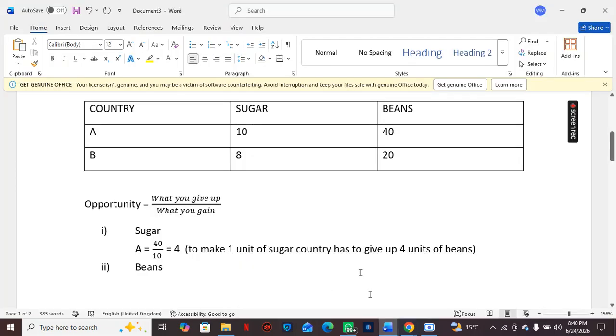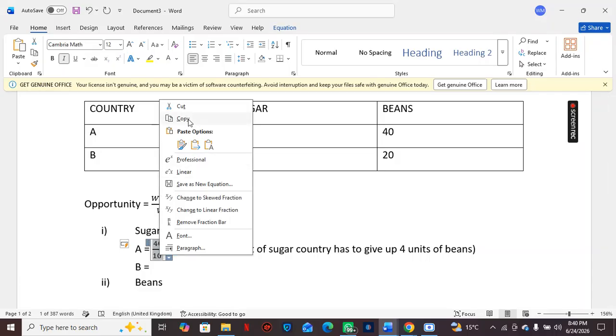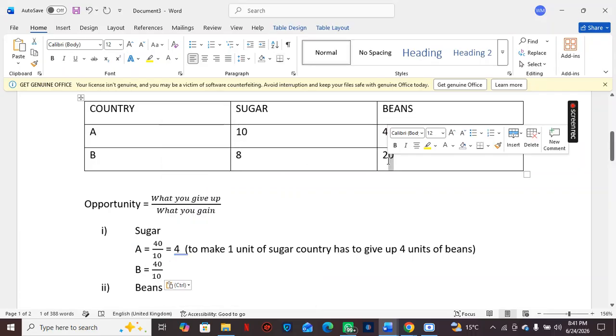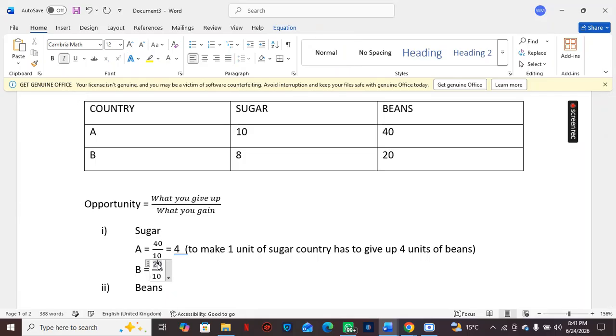Right? Then we go to country B. For country B, in order to produce these 8 units of sugar, it has to give up 20 units of beans. So 20 divided by 8, for those with calculators, is 2.5.